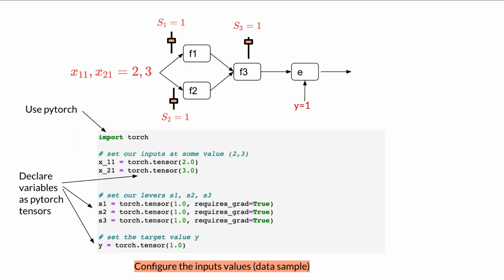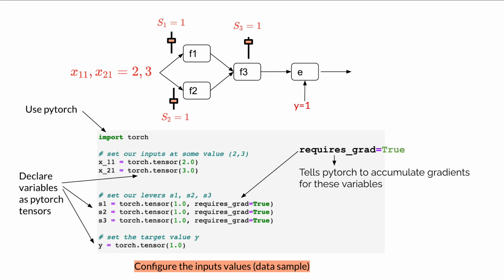And then look how we declare the variables straightforwardly using these data types, but for S1, S2 and S3, which are our parameters that parameterize our function, we set requires_grad equals true.